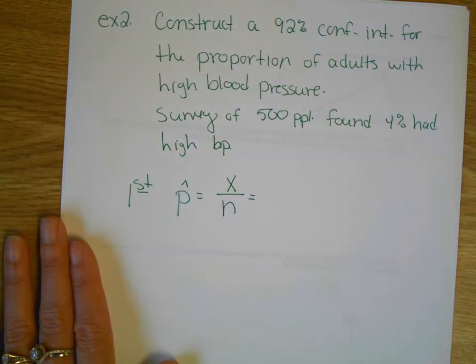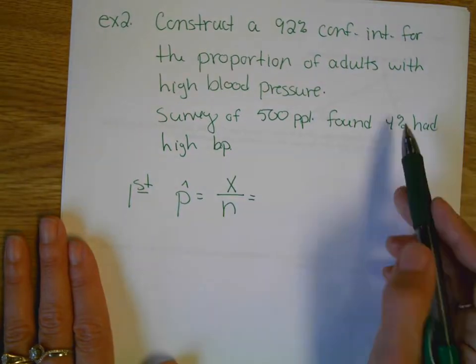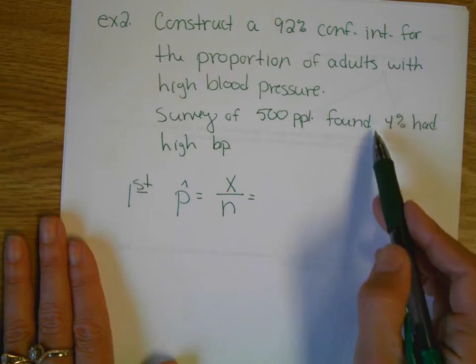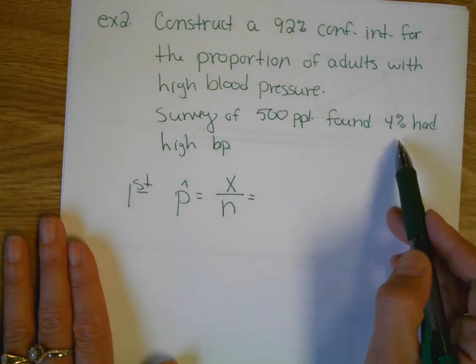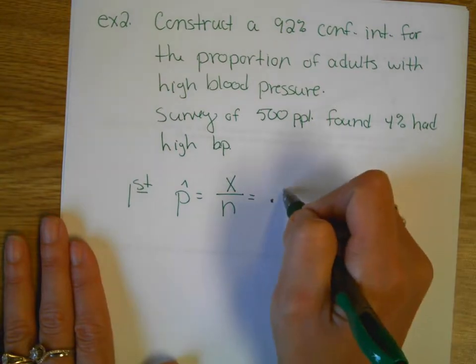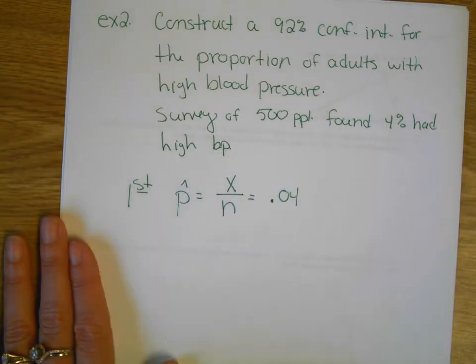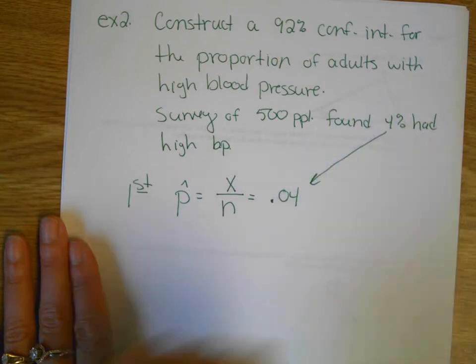Well, I don't really need the number of successes because I've already got p hat, the percent of successes. So p hat is 0.04, 4%. That's what makes it a little different. It actually did the work for you.